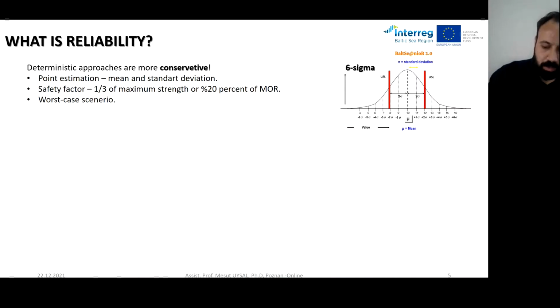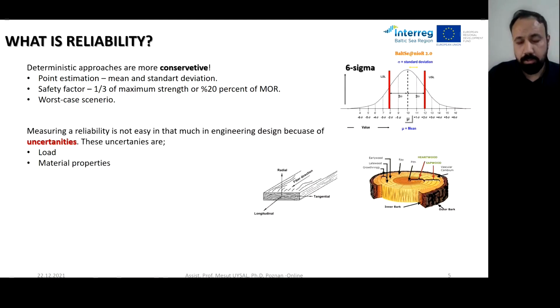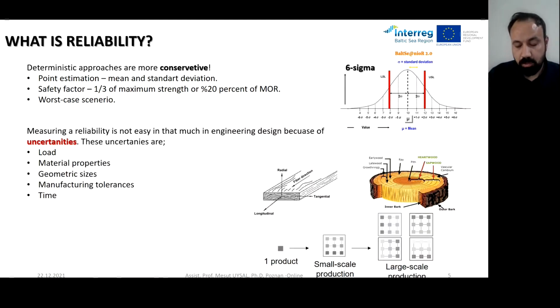But in another way, we can test that material or joint or furniture construction itself. Measuring reliability is not easy, especially in wood material, because there are so many uncertainties.